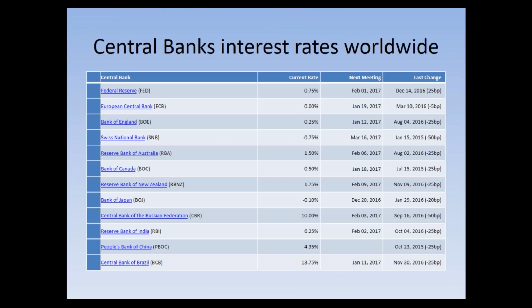You can see all of the central banks' interest rates worldwide, I mean major economies. As you can see from this table, the only country worldwide that is hiking the interest rates is the United States, the Federal Reserve.